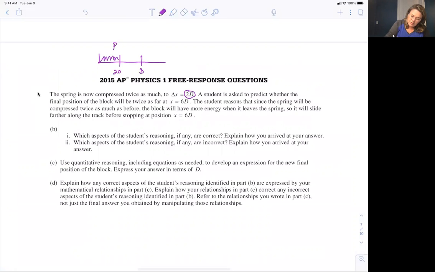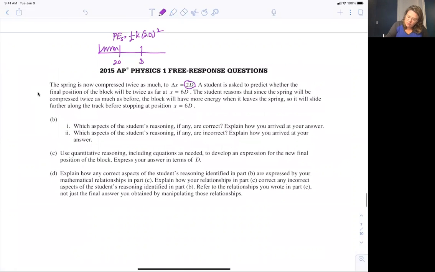So now the potential energy due to the spring is 1/2 K times (2D) squared. A student is asked to predict whether the final position of the block will be twice as far.